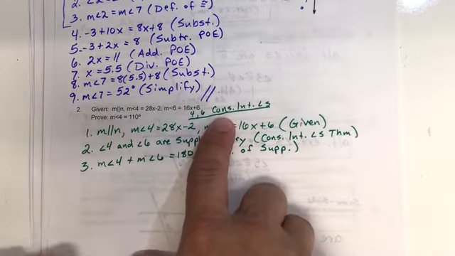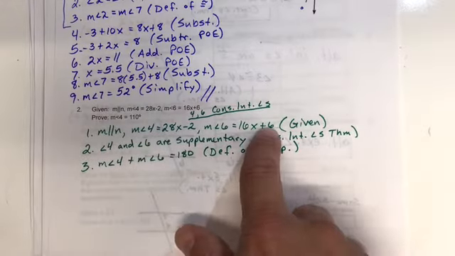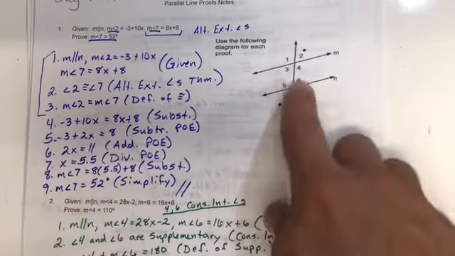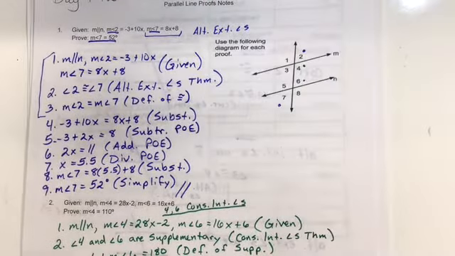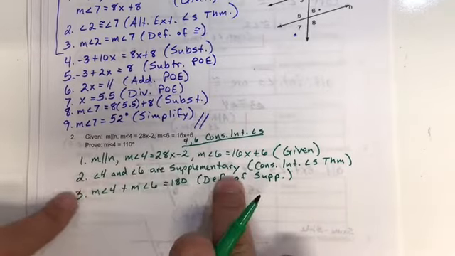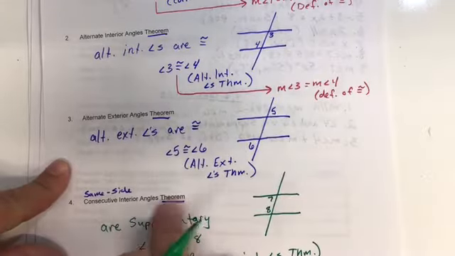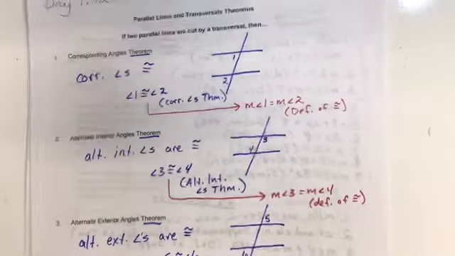Okay, when I look at this, I'm using angles 4 and 6, and so I've written all my given information out, and that is given. And when I look at my picture, angles 4 and 6 are consecutive interior angles. So that tells me how to set up the rest of my proof. I'm going to go to that relationship about consecutive interior angles, and the next statement is that those angles I'm using are supplementary.